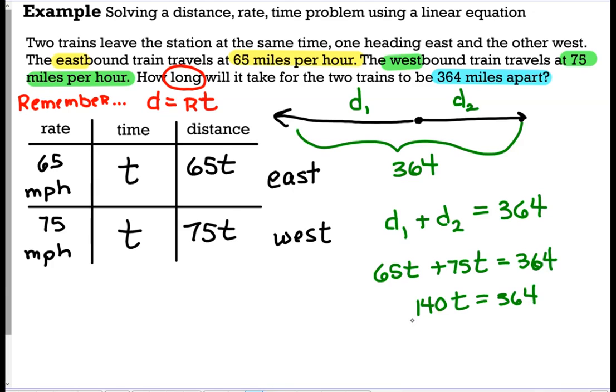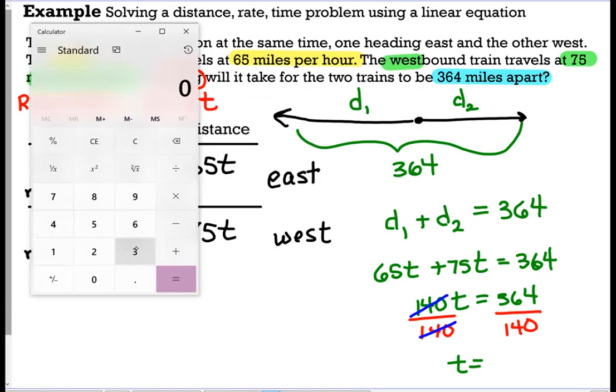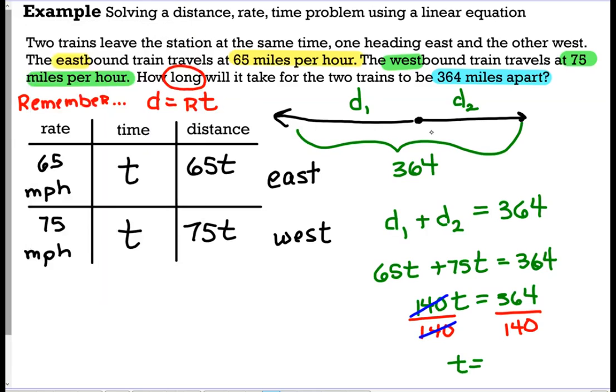All right, so now we're going to divide both sides by 140. All right, so we have T equals 364 divided by 140, 2.6 hours.